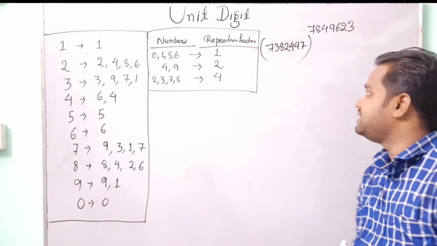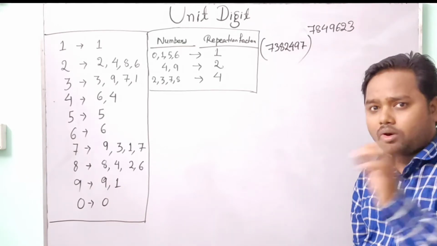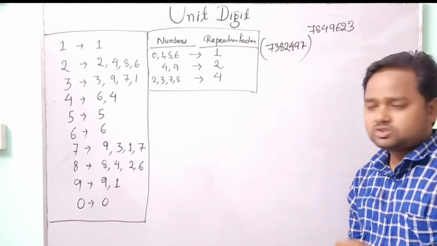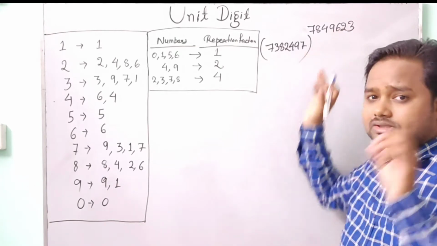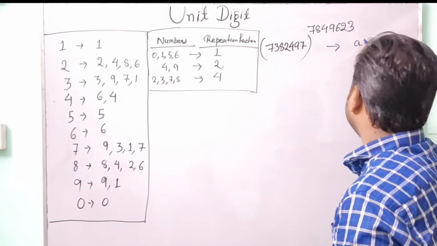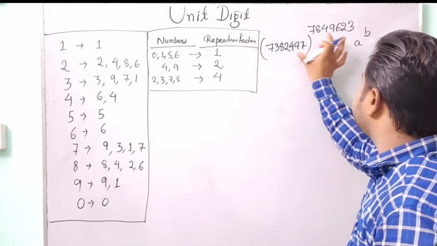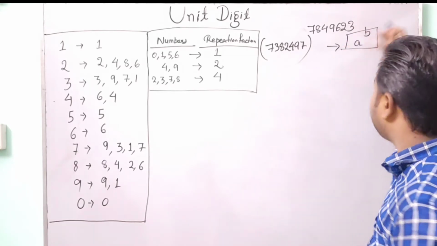Now our aim is to find the unit digit. So what do we have to do? First we have to convert this large number into a smaller number of the form a power b.